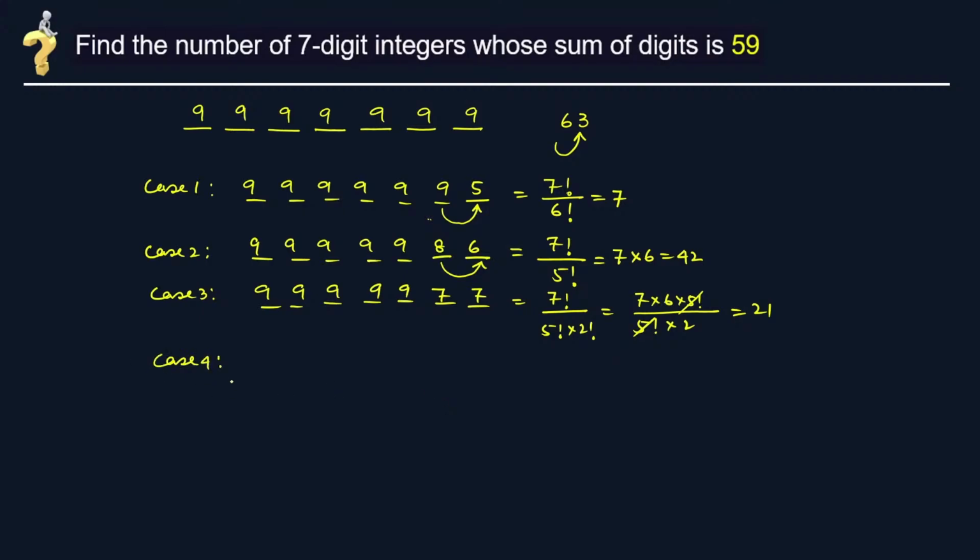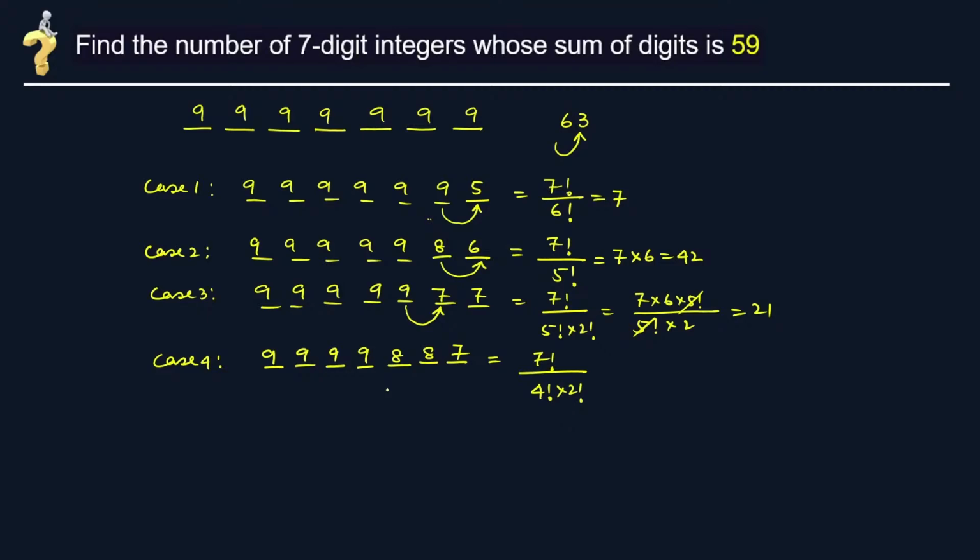Case 4. Now let me write four 9s and take out 1 from this 9 and give it to here. So this digit will become 8, this digit will become 8 and this remains the same as 7. So the total number of such numbers formed will be factorial 7 divided by factorial 4 into factorial 2. Why factorial 4?